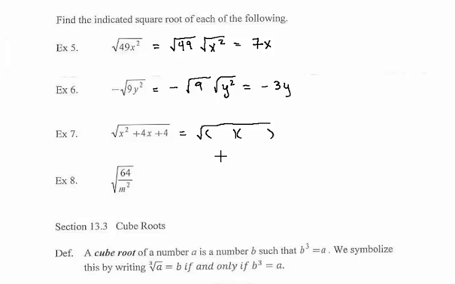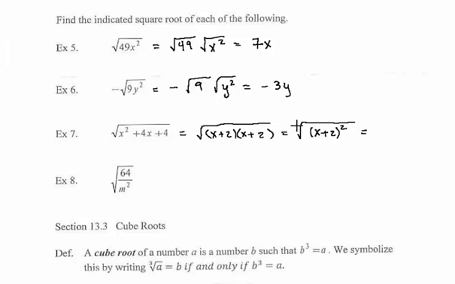Once things are multiplied inside the radical, we can break it up if we need to. x squared plus 4x plus 4 turns out to give us x plus 2 times x plus 2. This can be rewritten with an exponent, x plus 2 squared.